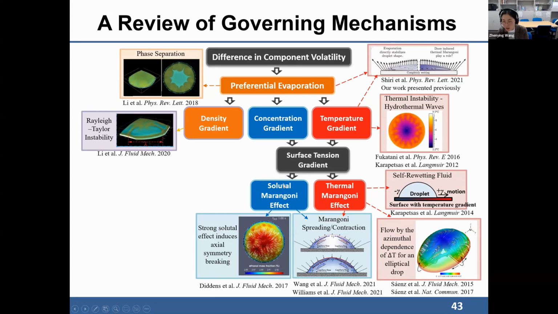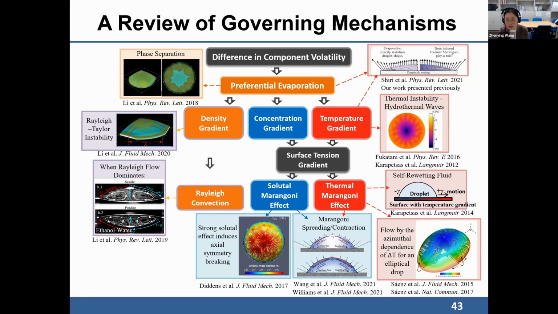In the case of a multi-component droplet, the solutal-Marangoni effect becomes more apparent than the thermo-Marangoni effect. So this is one mechanism we need to specially take into account when we consider a multi-component droplet. And one additional phenomenon is that the density gradient will also cause Rayleigh convection.